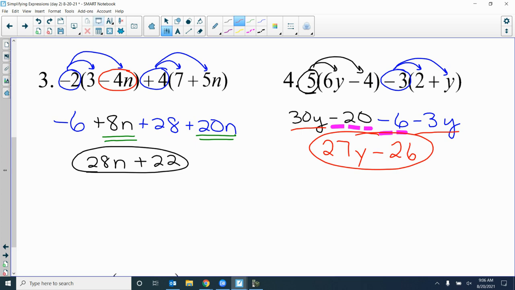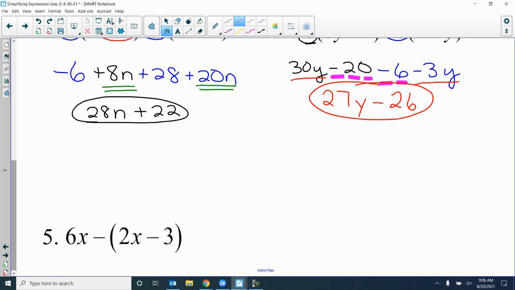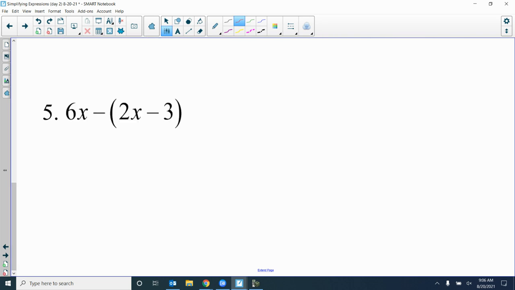Okay, for that. All right, let's do this last one here together. Oh, that's a good one. All right, this is a real important one. There's no number there. They're trying to trick you, but there really is. That minus sign in front of that parenthesis plays a huge role.